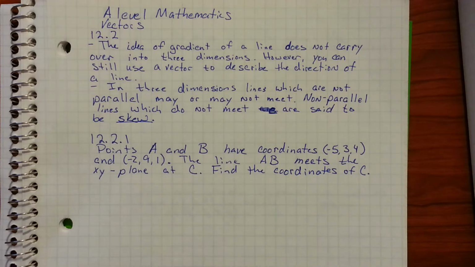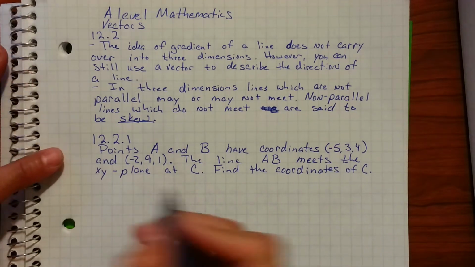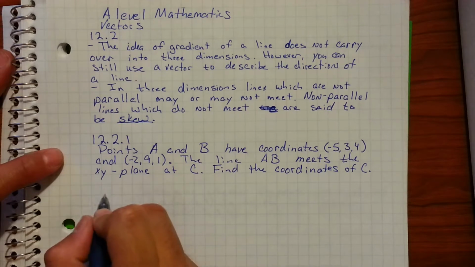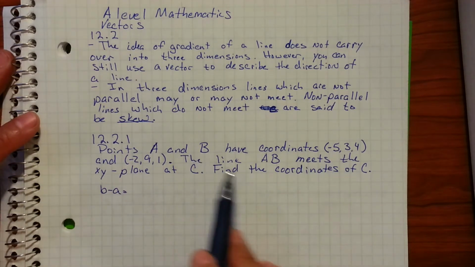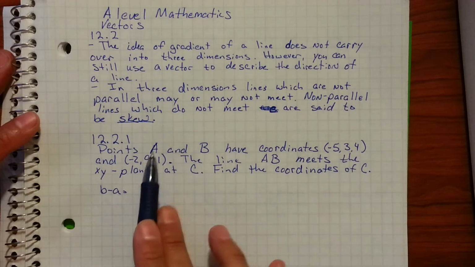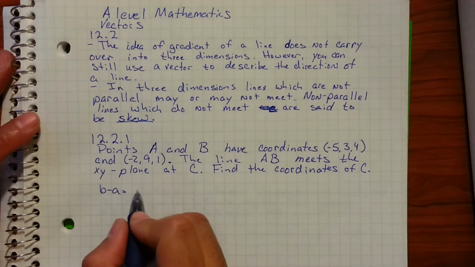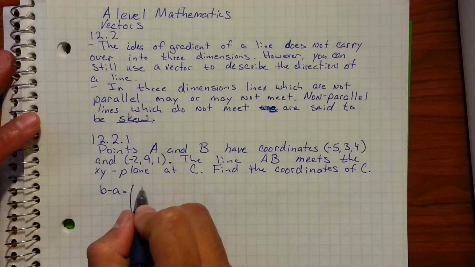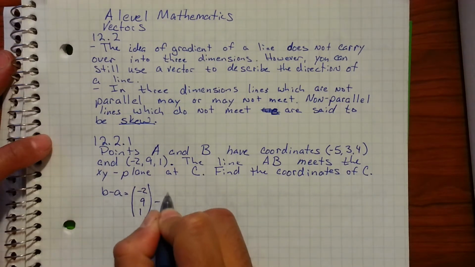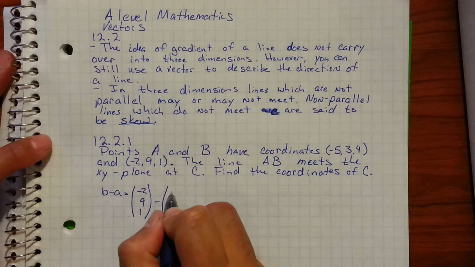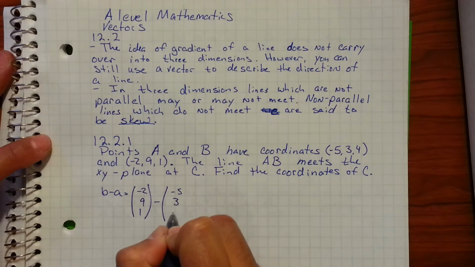So first thing I'm going to do, I'm going to find the vector. To find the vector, it's going to be B minus A. So it's going to be A, B right here. B minus A is going to be -2, 9, 1 minus A, which is -5, 3, 4.